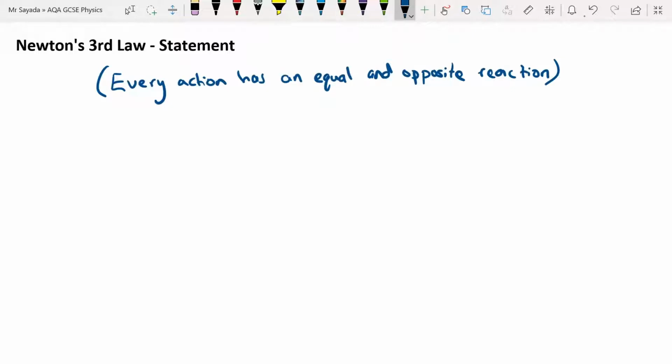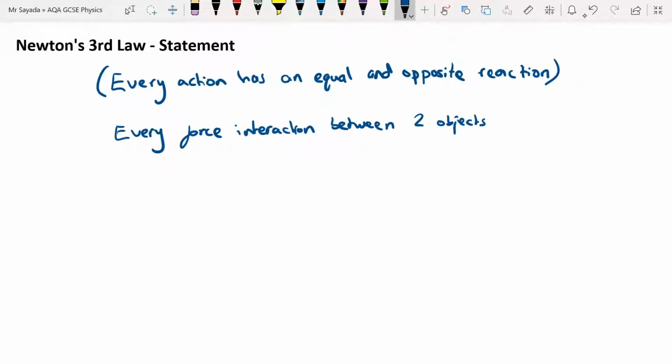So Newton's third law says that every force interaction between 2 objects or 2 bodies, these could be solids, liquids, or gases.